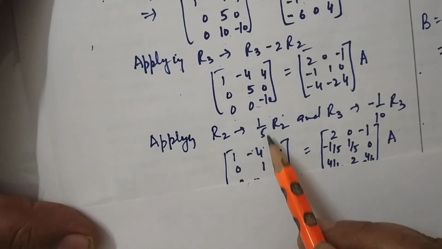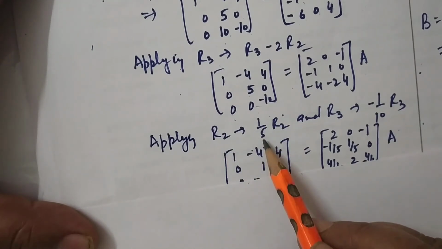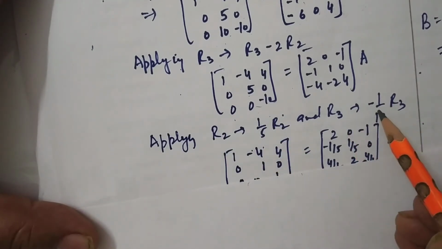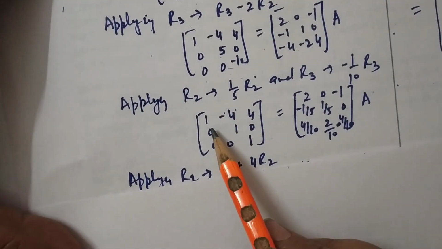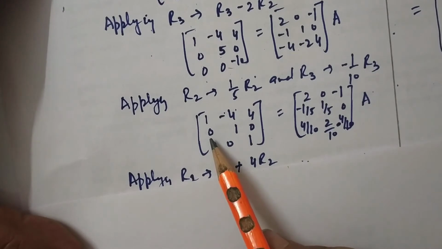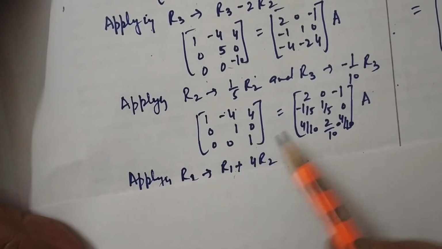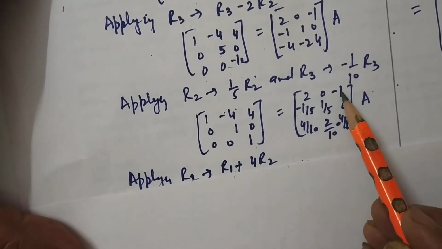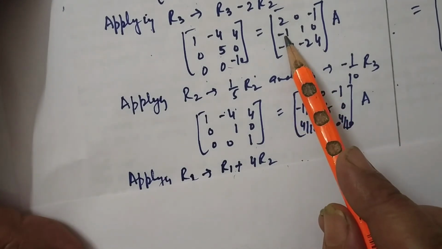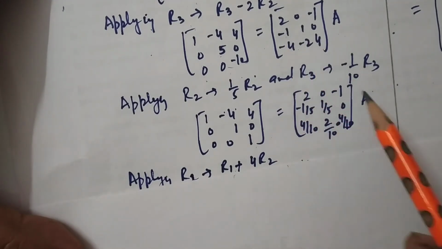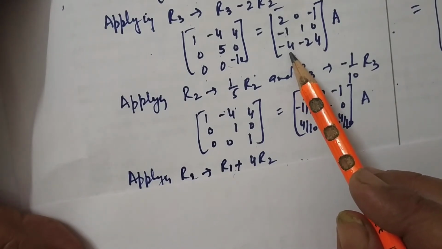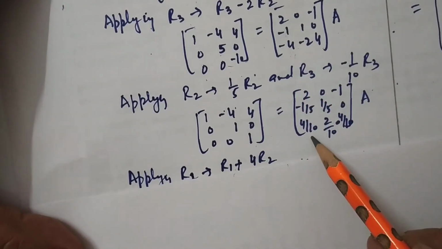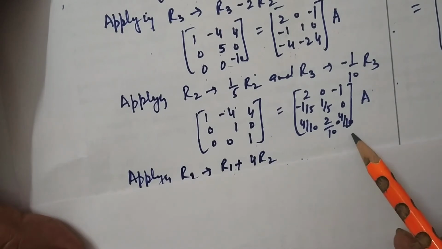So R2 changes to 1 by 5 R2, and R3 changes to minus 1 upon 10 R3. Thus the first row has no change, and this is 0, 1, 0, 0, 0, 1. In the next row, dividing gives minus 1 by 5, 1 by 5, 0, and since R3 is multiplied by minus 1 by 10, this will give me 4 by 10, 2 by 10, and minus 4 by 10.